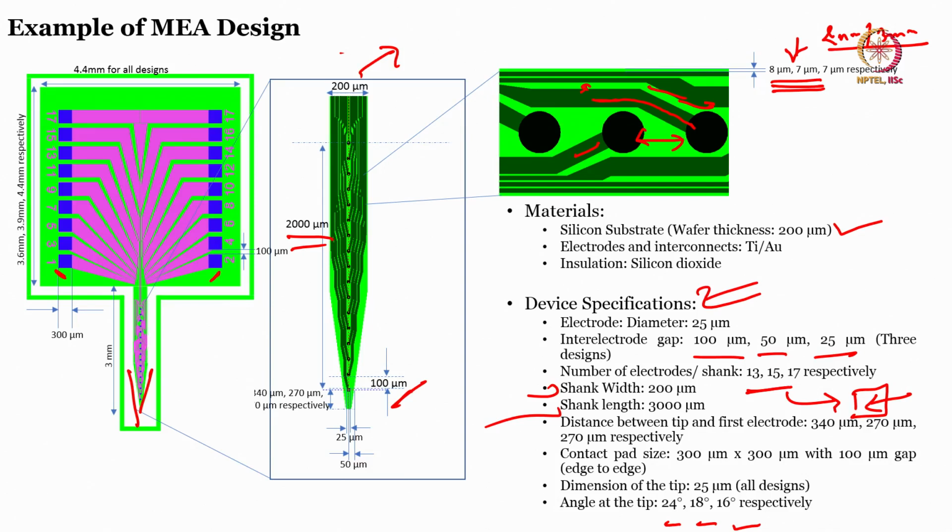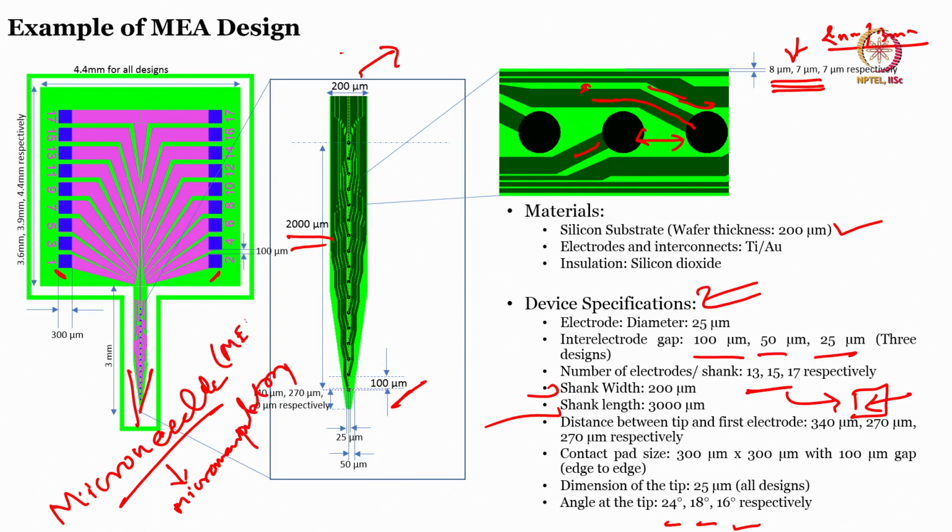Also, you can have something called a microneedle. It is a form of MEA only. It penetrates into the brain, and you sometimes require a micro manipulator, because when you are penetrating this kind of array, it is also MEA only, microneedle.